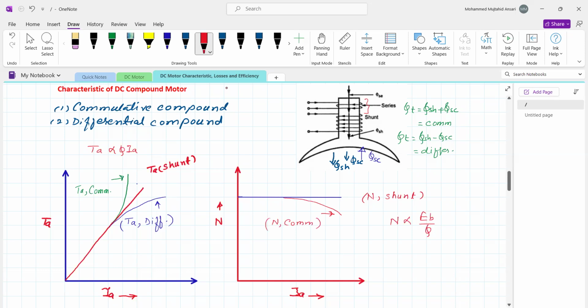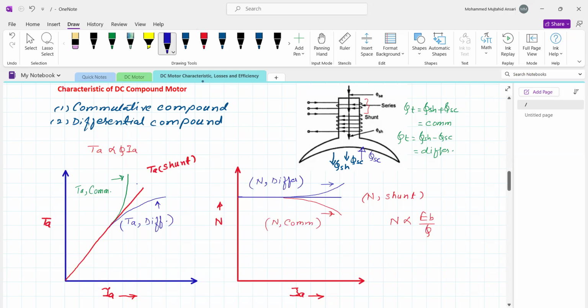Whereas for the differential motor, the flux is the difference of these two values. So as the total flux over the periphery is smaller, therefore the speed will be more. So here the speed increases. So as load increases, after some time, the speed of the motor also increases. So here is the speed for the differential motor.